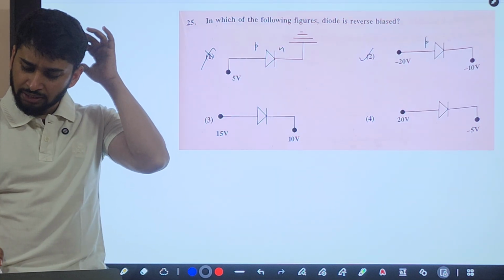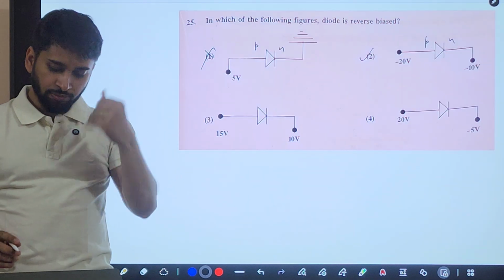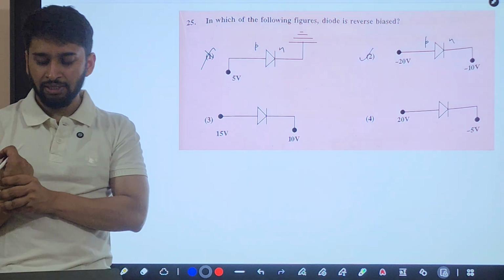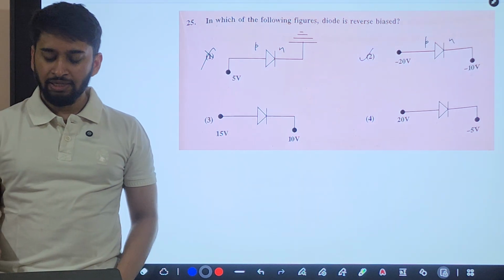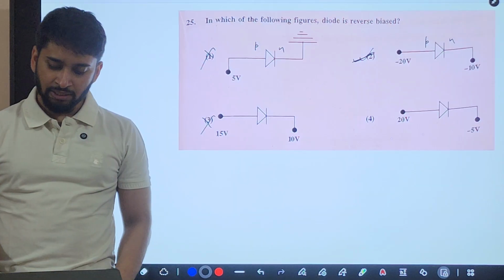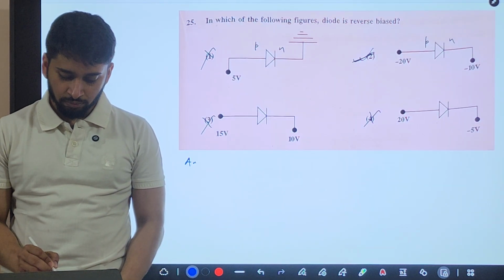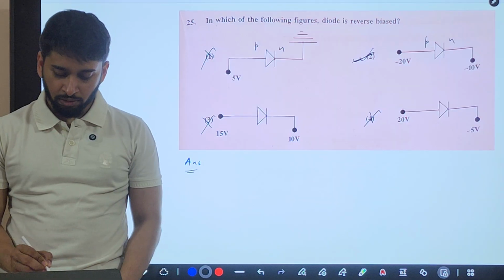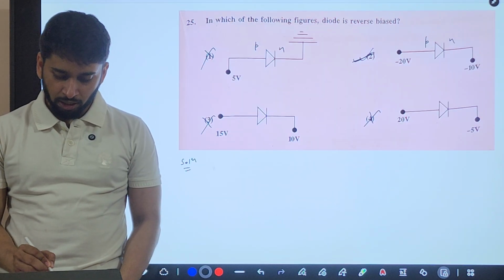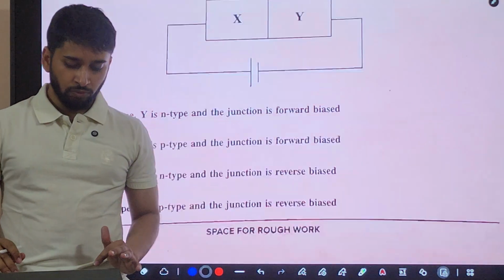This is p, this is n. Minus 10 is in fact greater than minus 20, so this is correct. This is forward bias, this is also forward bias. So the answer will be option 2 here. Clear? Okay, 25.